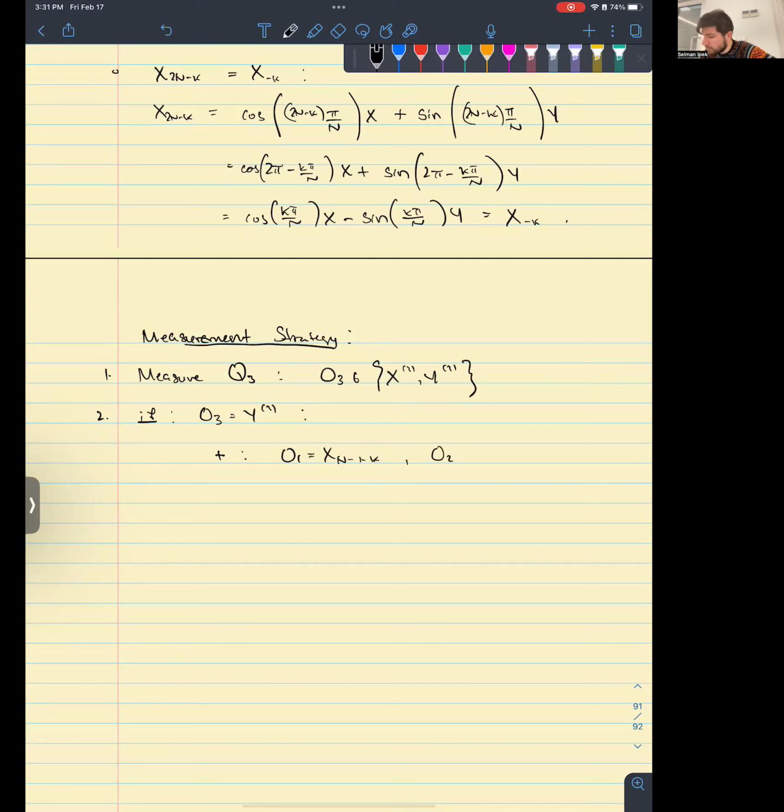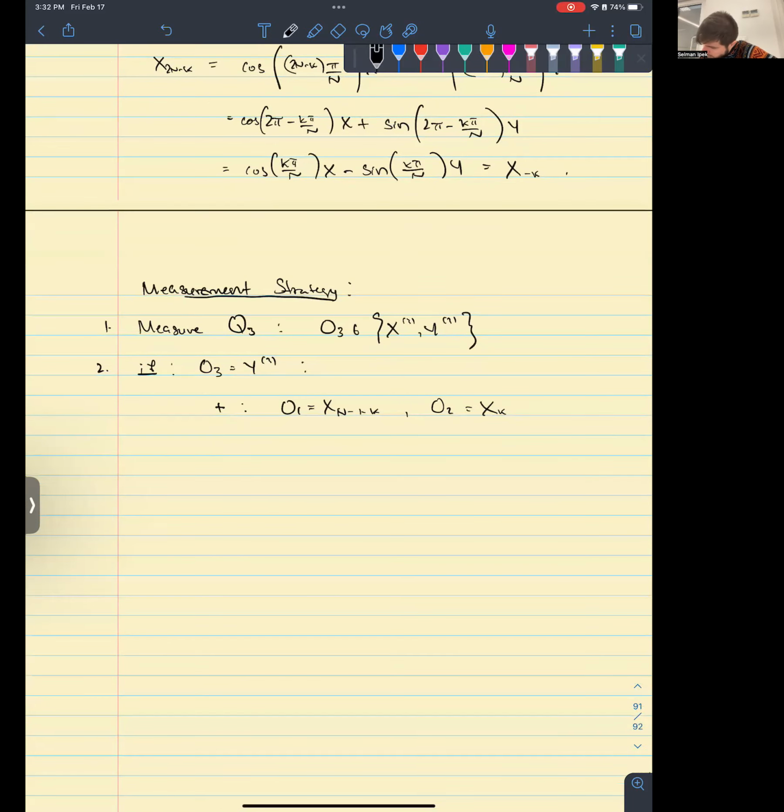And actually, we will always measure O2 equal to x_k for some k. In the minus case, we will measure O1 as x_{n+1-k}, and O2 equals x_k.